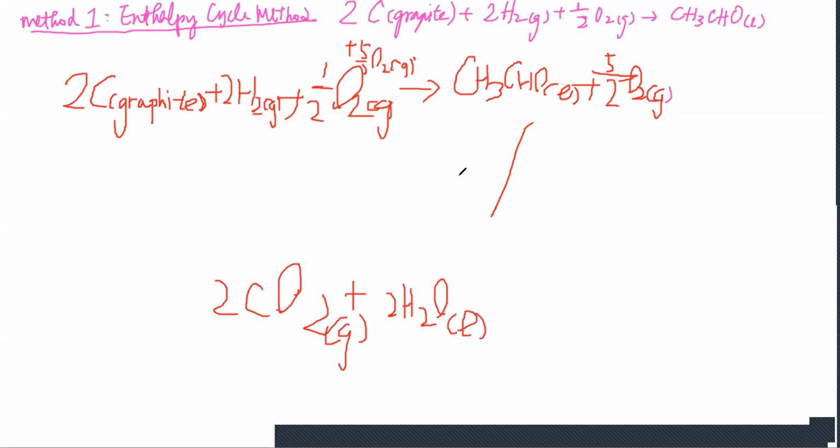This is the delta H of reaction to be obtained. This is what I would like to find.